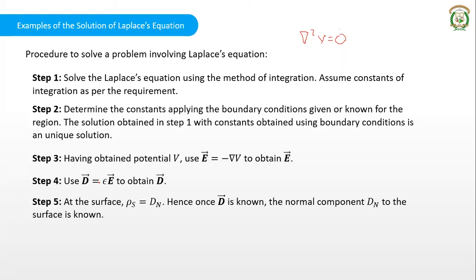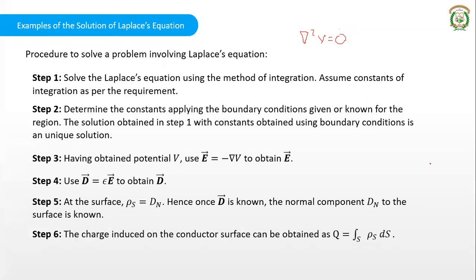Once you get D, you consider the boundary. On the boundary or at the surface, the surface charge density rho s is equal to Dn, where Dn is the normal component of D. If you integrate rho s with respect to the surface, you get the charge: Q is equal to the integral of rho s dS over the surface.